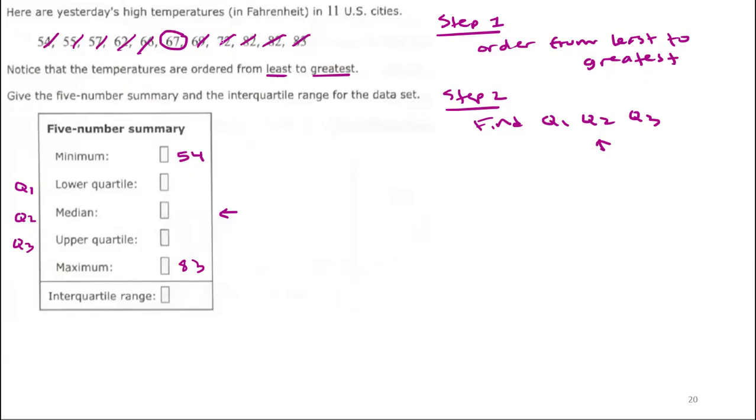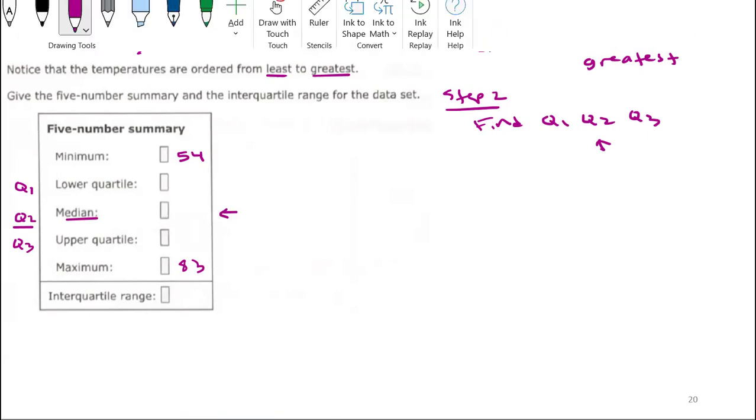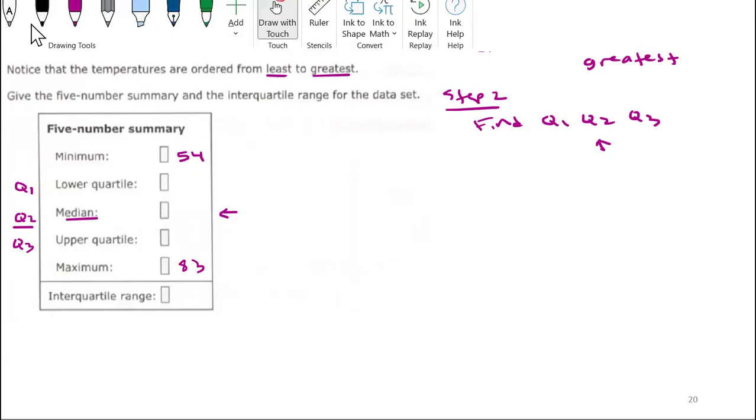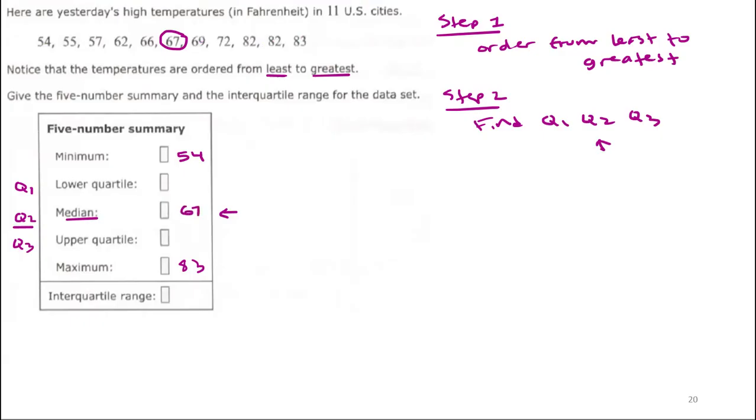That's going to be my median. That's also represented as my Q2. So again, we found our median, so we write that down. 67 is our median.